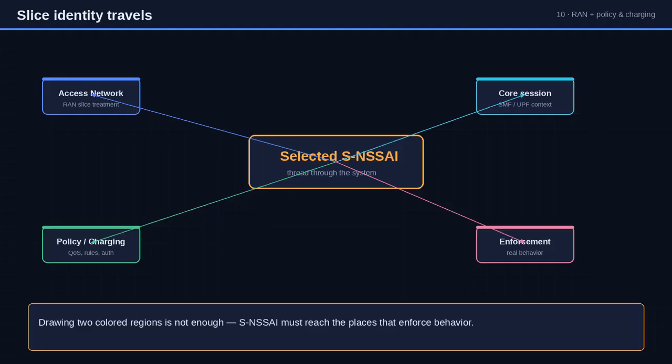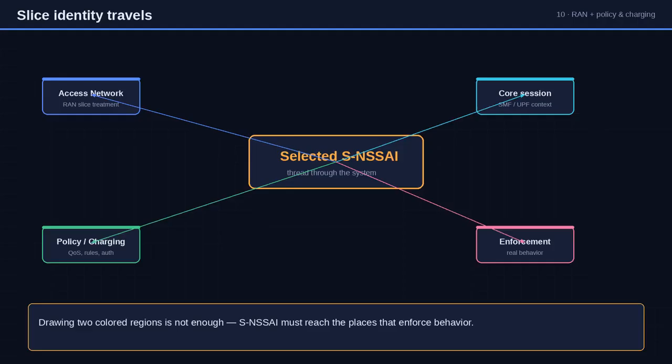If the access network never learned the slice identity, the radio leg could not apply slice specific scheduling or isolation. If policy and charging never learned it, the session might get generic rules instead of the service the application asked for. So the S-NSSAI travels with the session context.